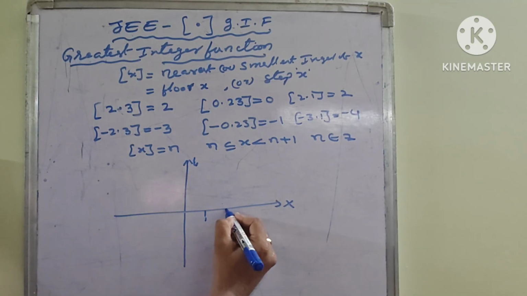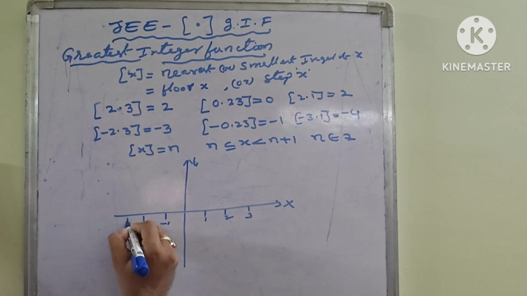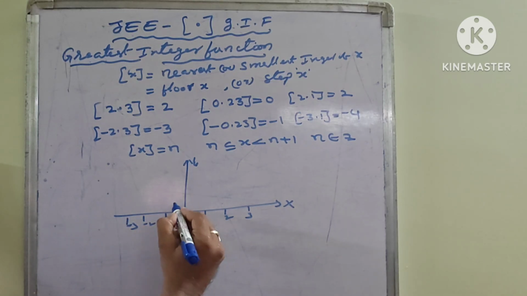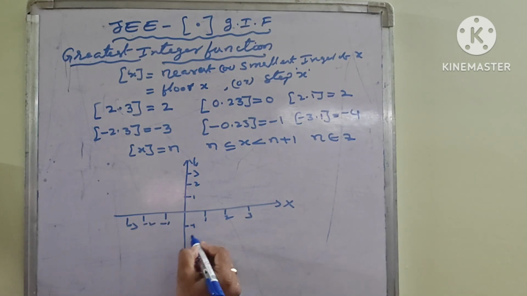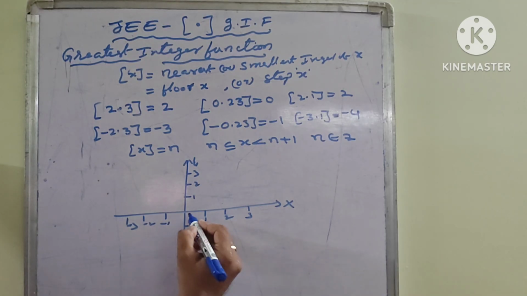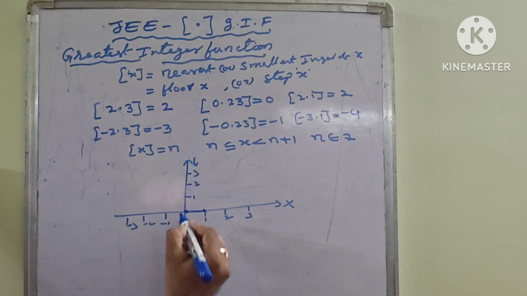Marking 1, 2, 3 and minus 1, minus 2, minus 3 on the axes. For 0 less than or equal to x less than 1, the value is always 0.